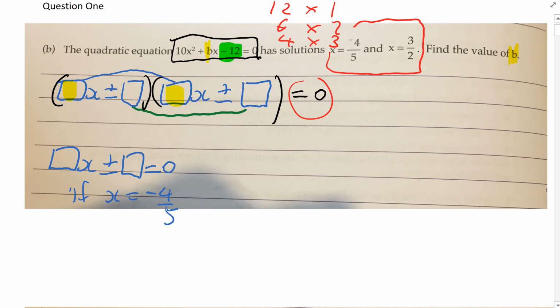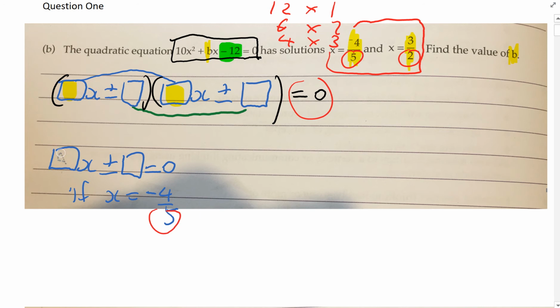So if we look at negative 4/5 and 3/2, do you notice anything there that might relate to the number 10? Well, it's the two denominators, right? If you multiply those, you get 10. So let's try sticking the denominator in front of x as the coefficient.